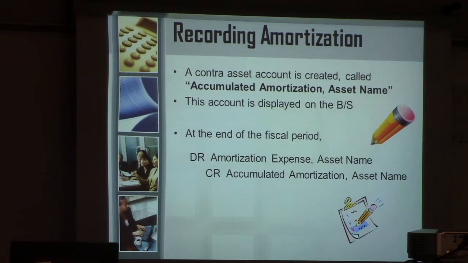The asset's purchase price remains the same, and as you are calculating the net book value, you take away the accumulated amortization amount, and you come up with the net book value. So the entry is simple: debit amortization expense, credit accumulated amortization.